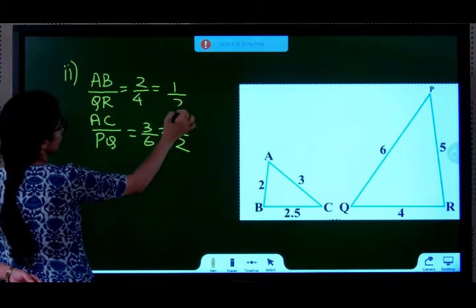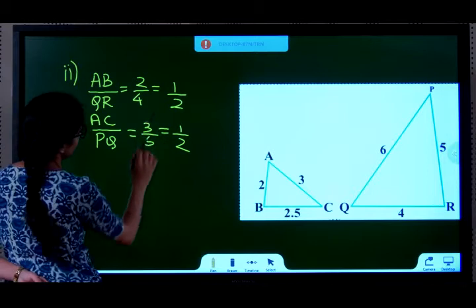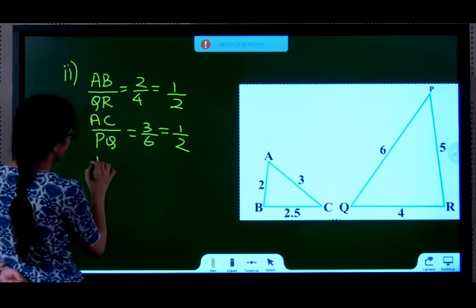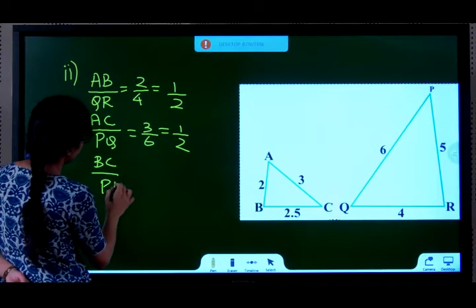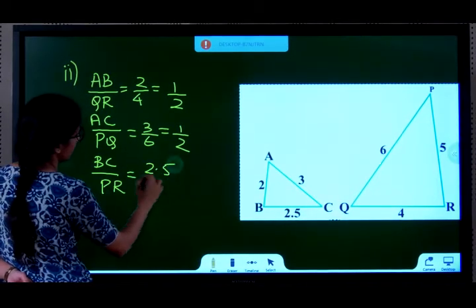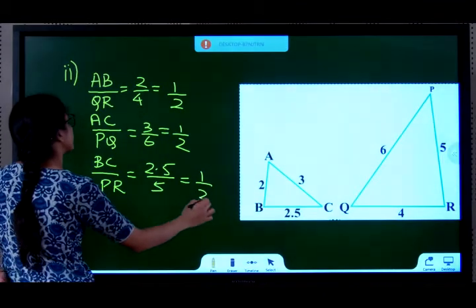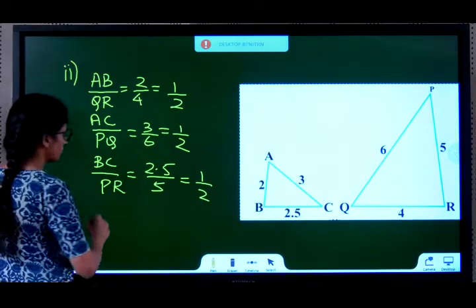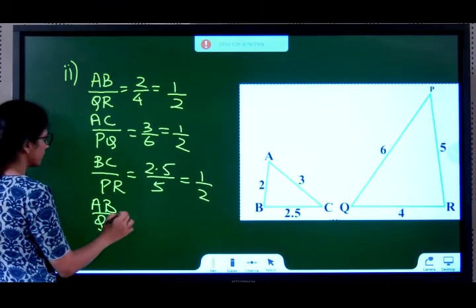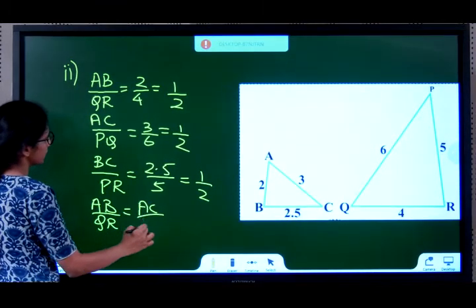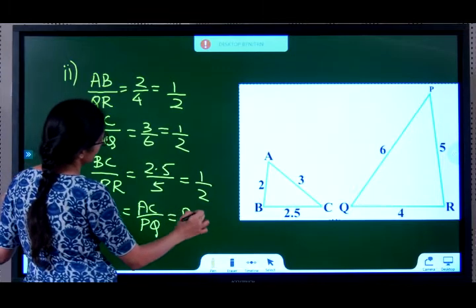And then BC by PR, 2.5 by 5, again 1 by 2. If you see all of them are 1 by 2, all the three will come equal, so you can therefore say AB by QR is equal to AC by PQ is equal to BC by PR.